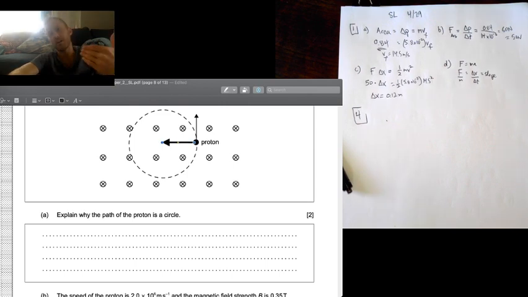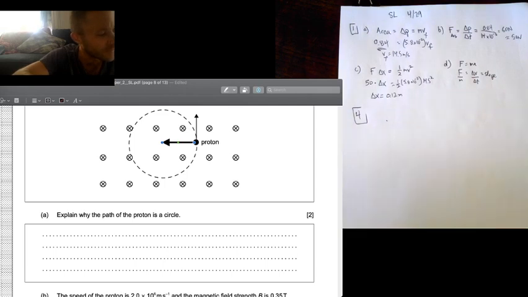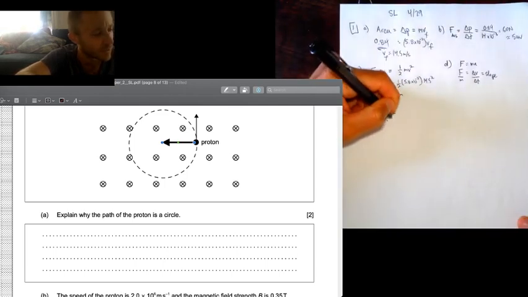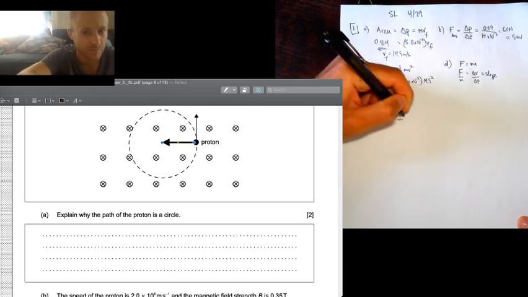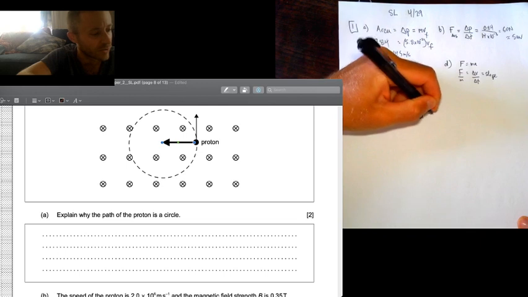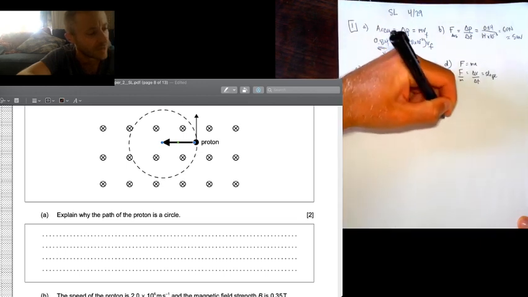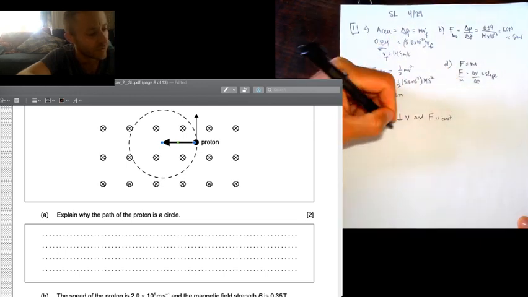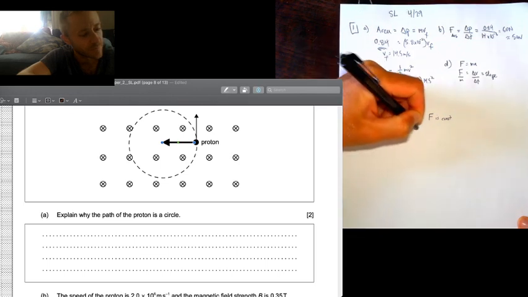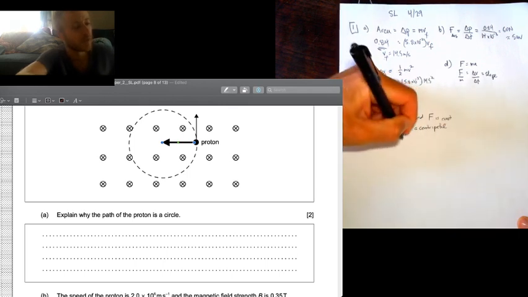So basically, the proton moves in a circle because the force is perpendicular to the velocity, and the force is constant. So it's a centripetal force. Something to that effect.